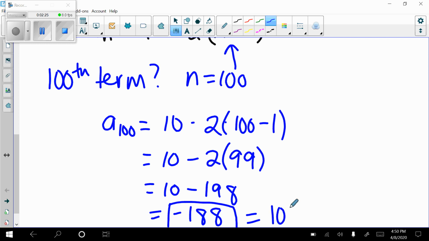So again, that is the 100th term in the sequence, and you can do that for whatever number. If I asked you to find the 76th term, you would plug in 76 for n. So this is stuff that we've already done this week.